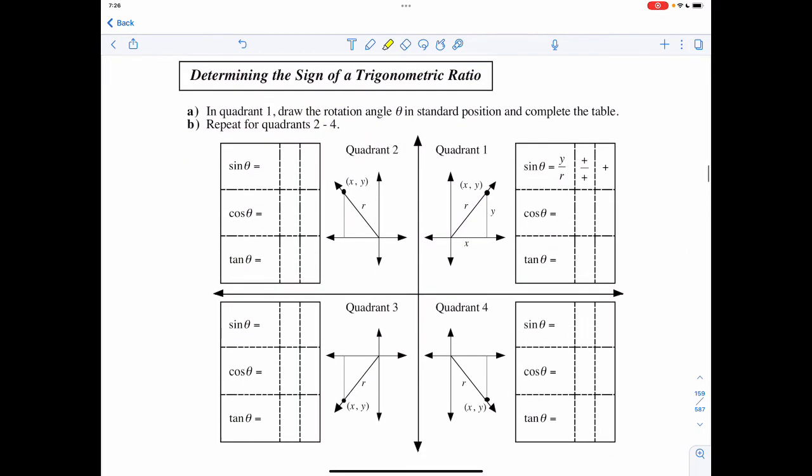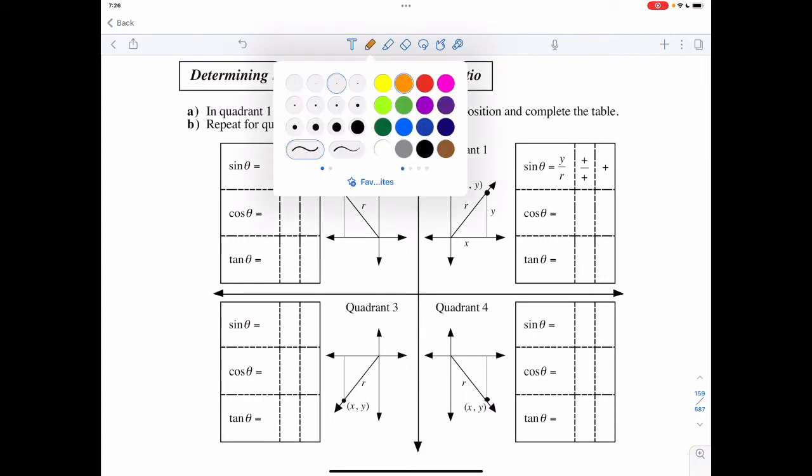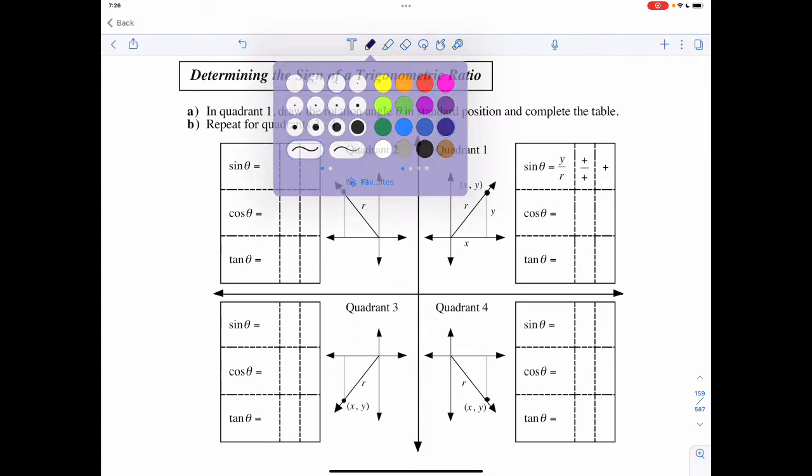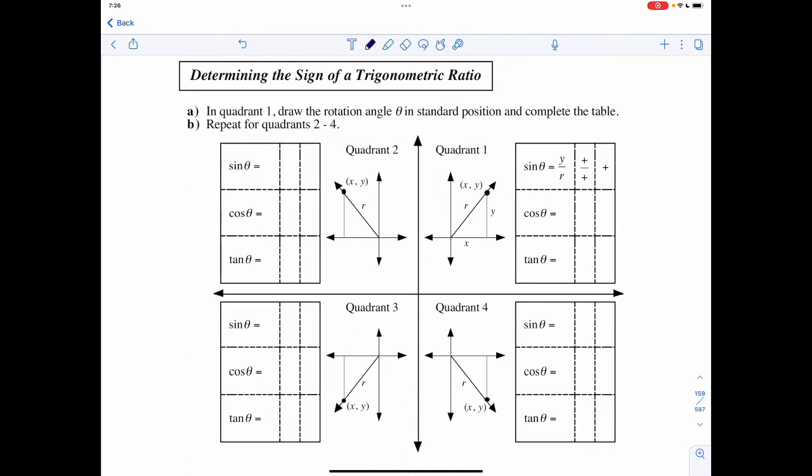So if we break it down in this chart, sine is always y over r, cos is always x over r, and tan is always y over x. That's true in all the quadrants.